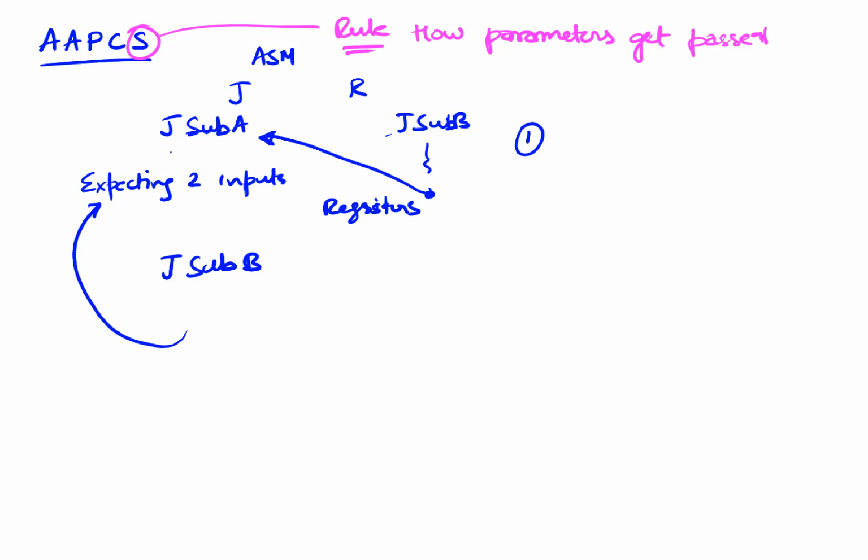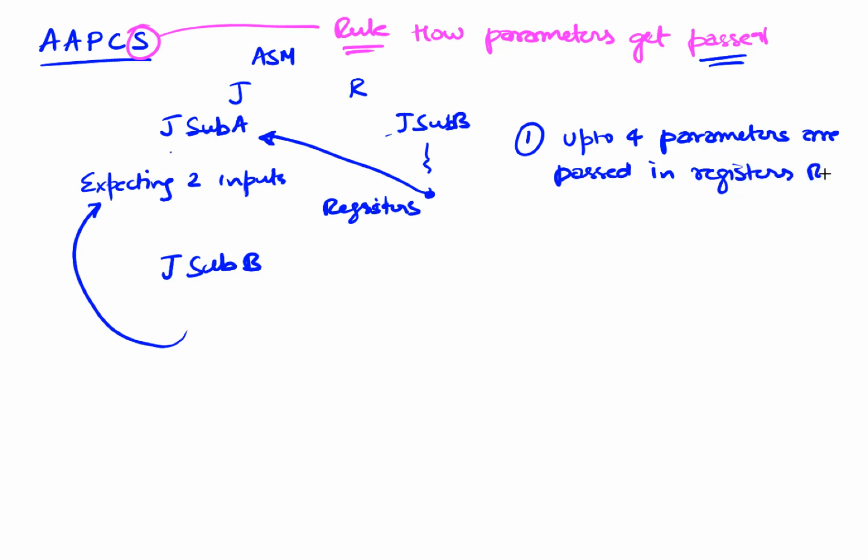The rule says that up to 4 parameters are passed in registers R0 to R3, in that order. So if I have 2, which ones would I use?